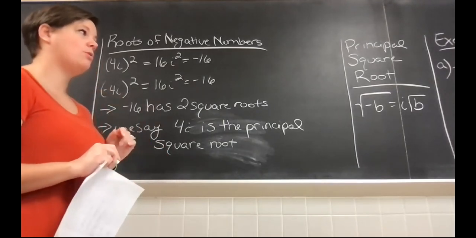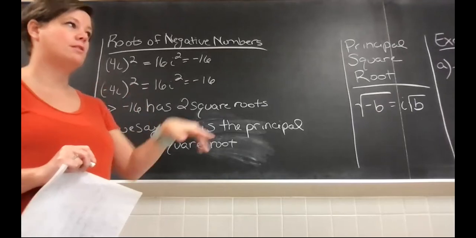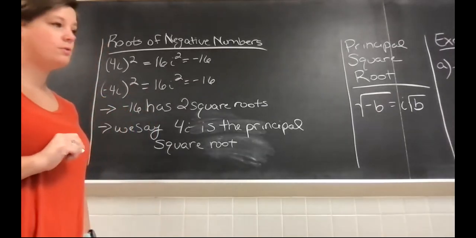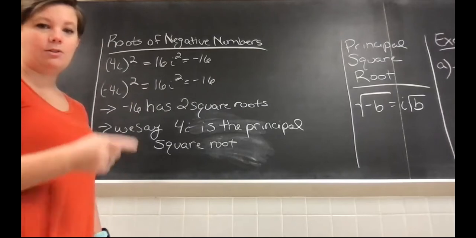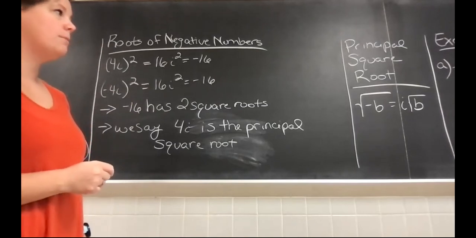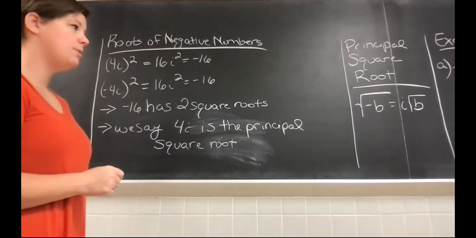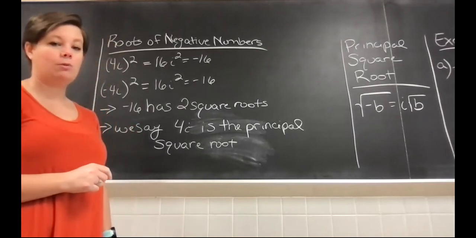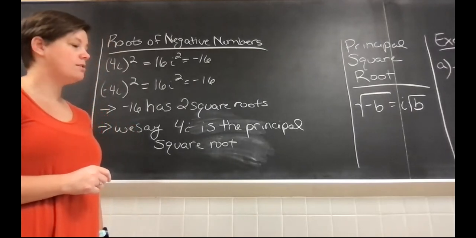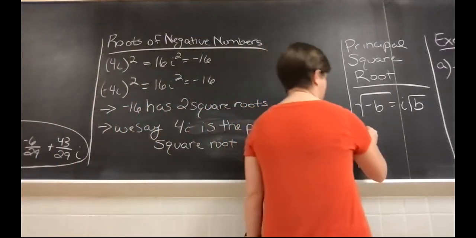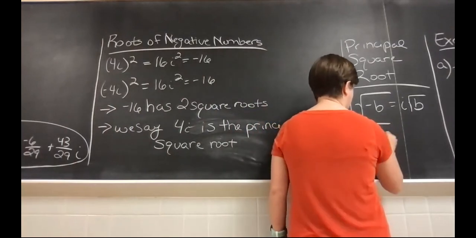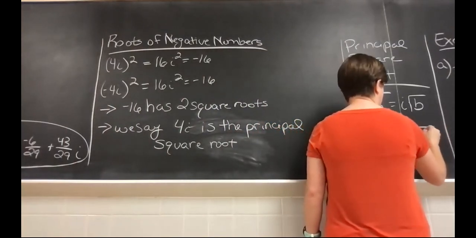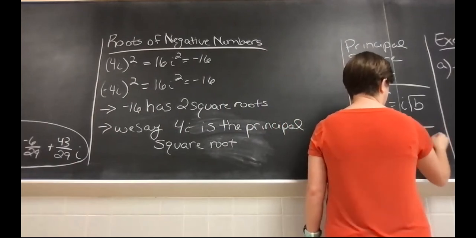We're going to use the principal square root theorem here in just a minute, and that helps us to simplify our radicals. I notice it's already on the board, so I'll go ahead and talk about it. The principal square root is simply that the square root of negative b is i times the square root of b. And so we can say the square root of negative 16 is the same thing as i times the square root of 16.